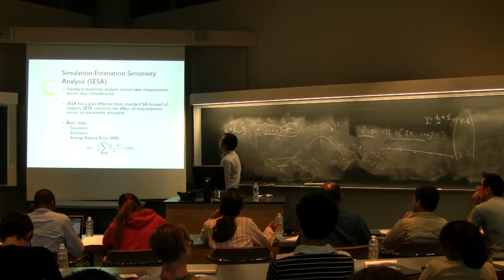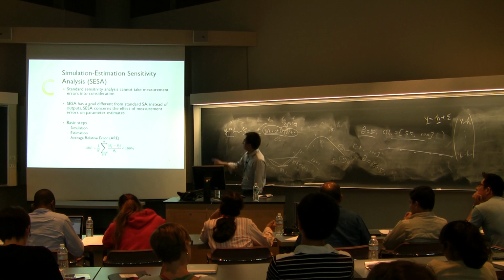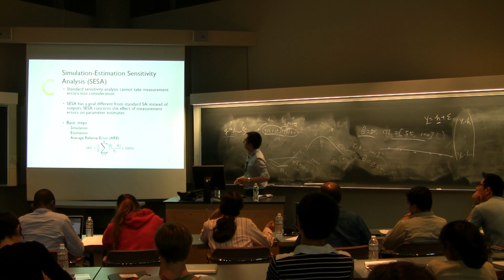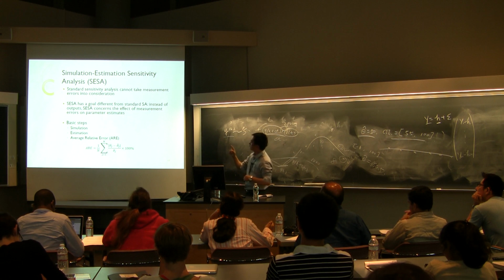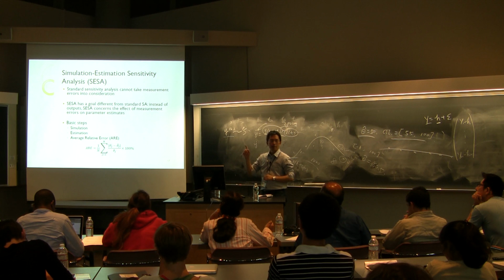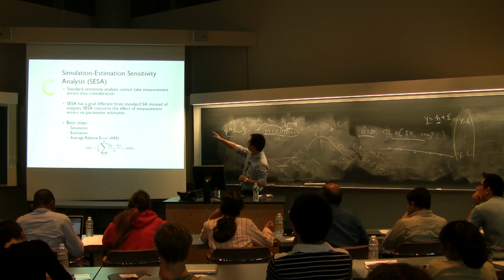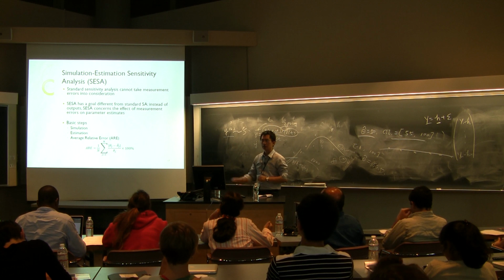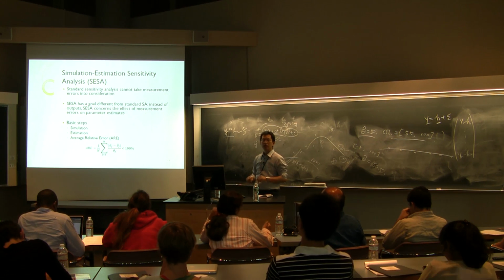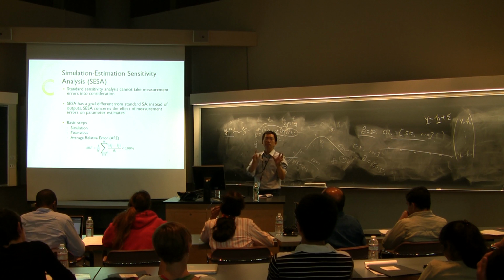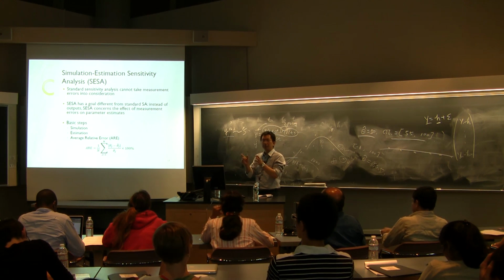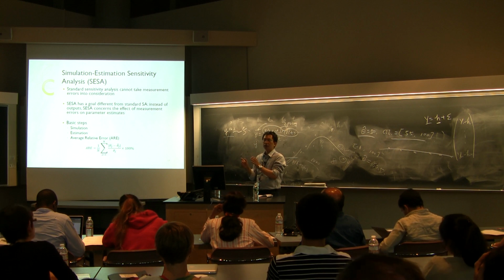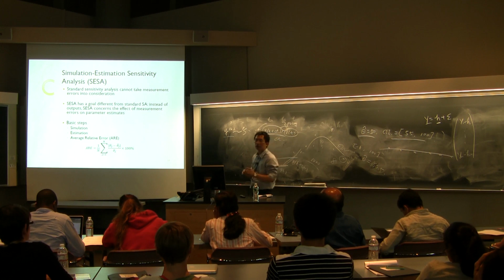With this kind of method, we will not look at the changes in output as parameter values change. What we look at is the effect of measurement error on parameter estimates. It's a different type of sensitivity: how sensitive are our estimates with respect to the measurement error? That's the question here.